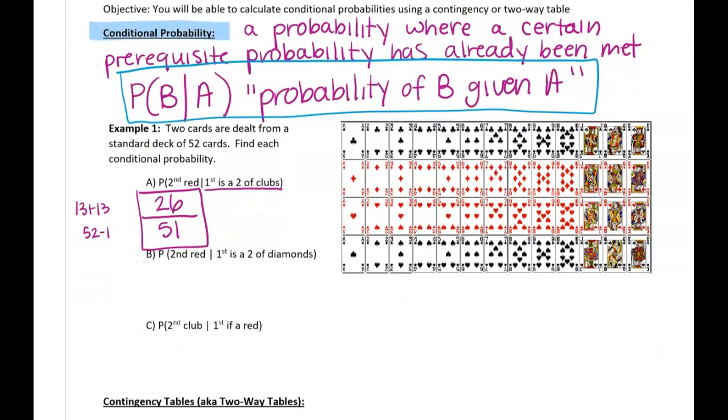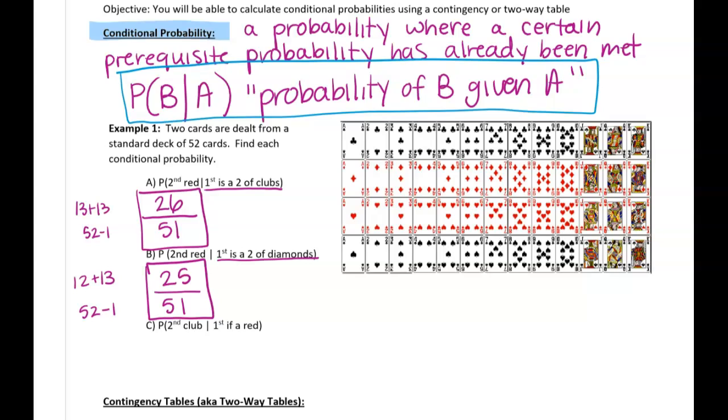Probability that the second card is red, given the first is a 2 of diamonds. So if the first one is a 2 of diamonds, we had 52 cards, we drew 1, so we still have 51. But now we have only 12 diamonds left and 13 hearts. So 25 over 51 is the probability in this case.